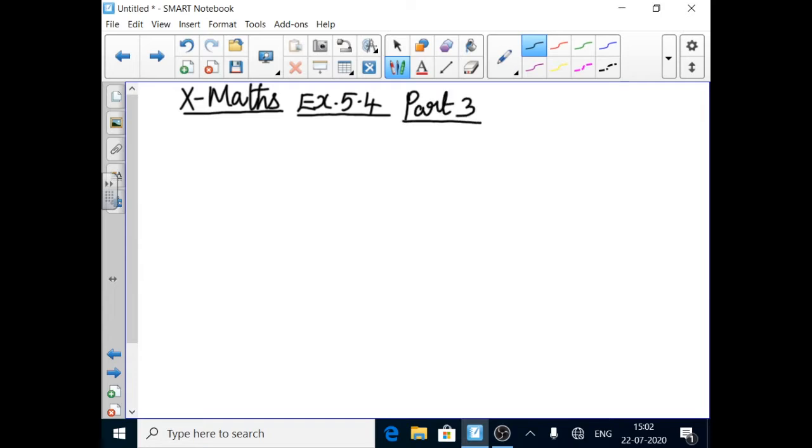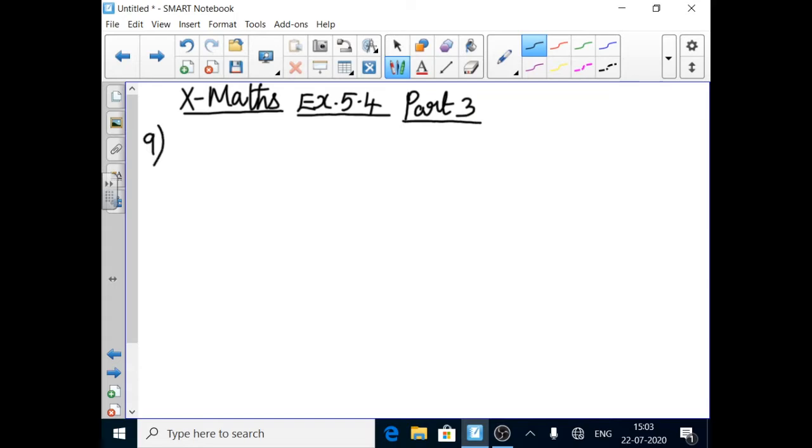So we know how to write parallel lines and perpendicular lines, and how to frame the equation of the lines like that. From the 7th sum onwards in exercise 5.4, it comes under the category of 5 marks.